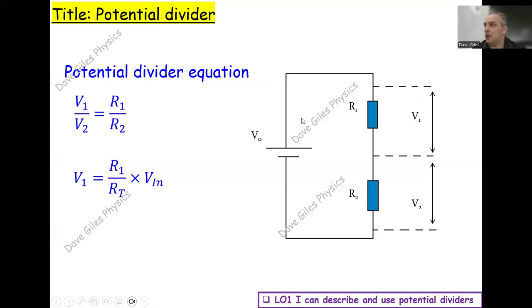So for example, if R2 is twice the size of R1, then you would have only half as much voltage across R1 as you do across R2.